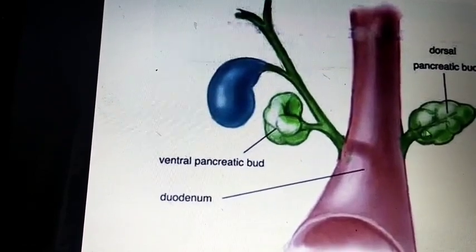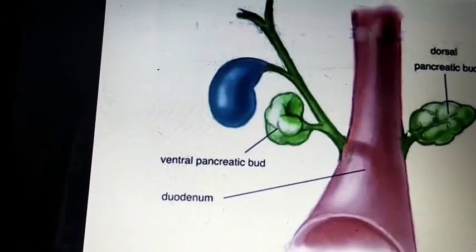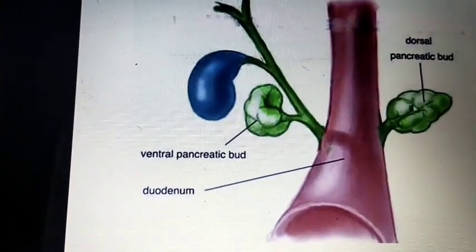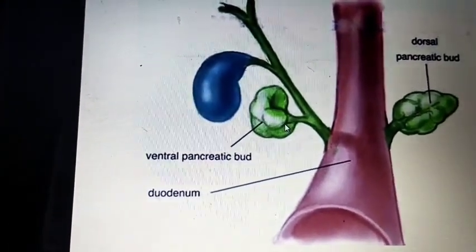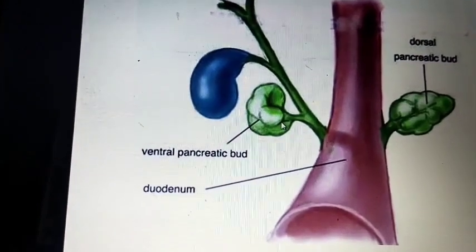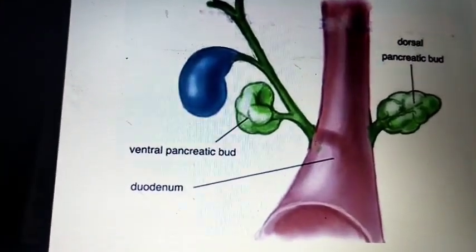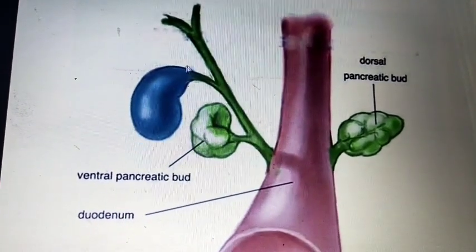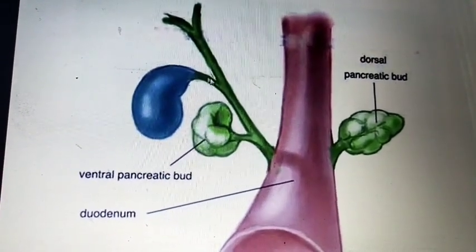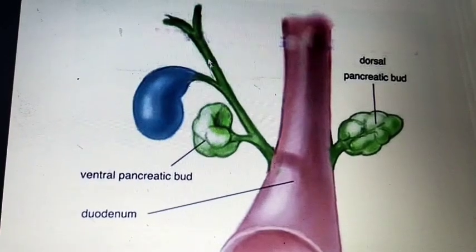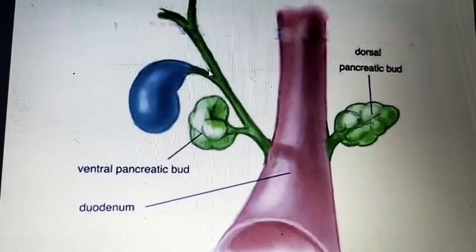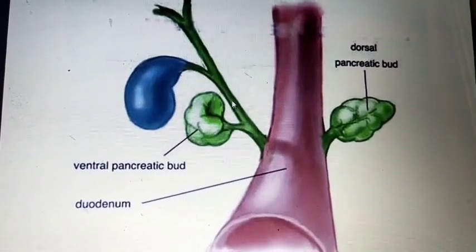You can see in this also, this is the ventral wall and this is the dorsal wall, and the dorsal wall also has a bud. Because of the rotation of the duodenum, the ventral bud and dorsal bud change position. This is the gallbladder, this is the cystic duct, and this is the extrahepatic duct, or common hepatic duct, joined together to form the common bile duct.